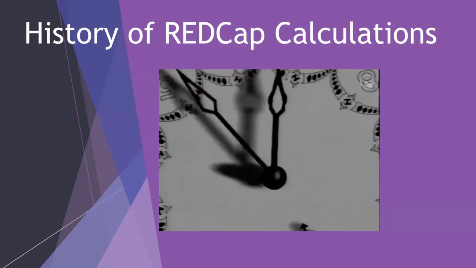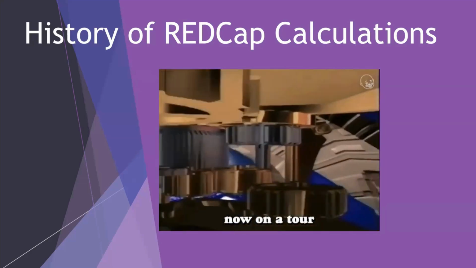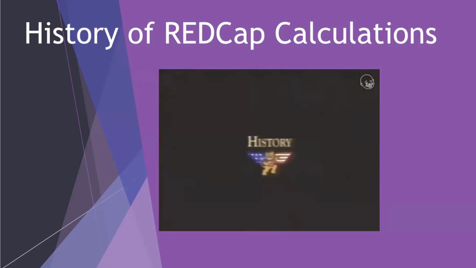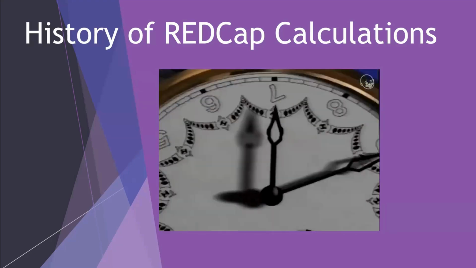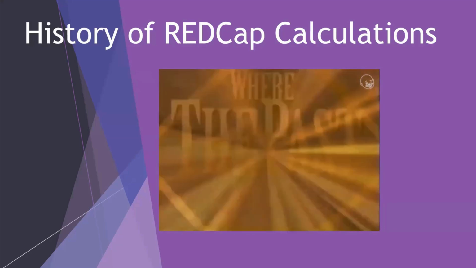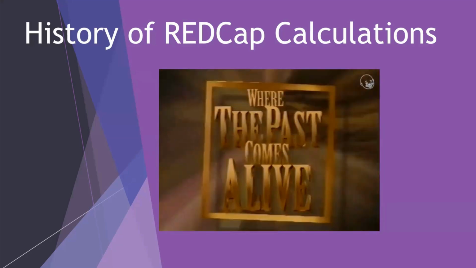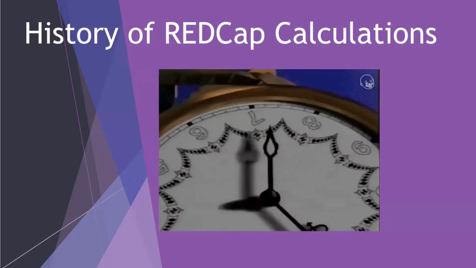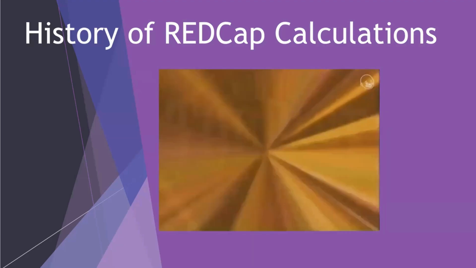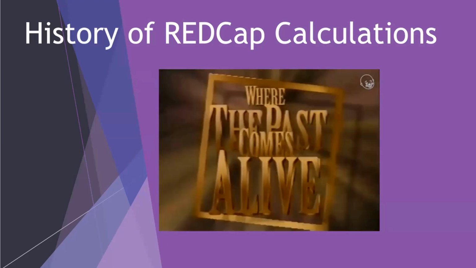So until the release of REDCap version 10.4.0 in October of 2020, calculations in REDCap could only result in a number. You couldn't have a calculation show you a date or text. But since then, with the addition of the calc date and calc text action tags, calculations in REDCap can now result in numbers, dates, or text.